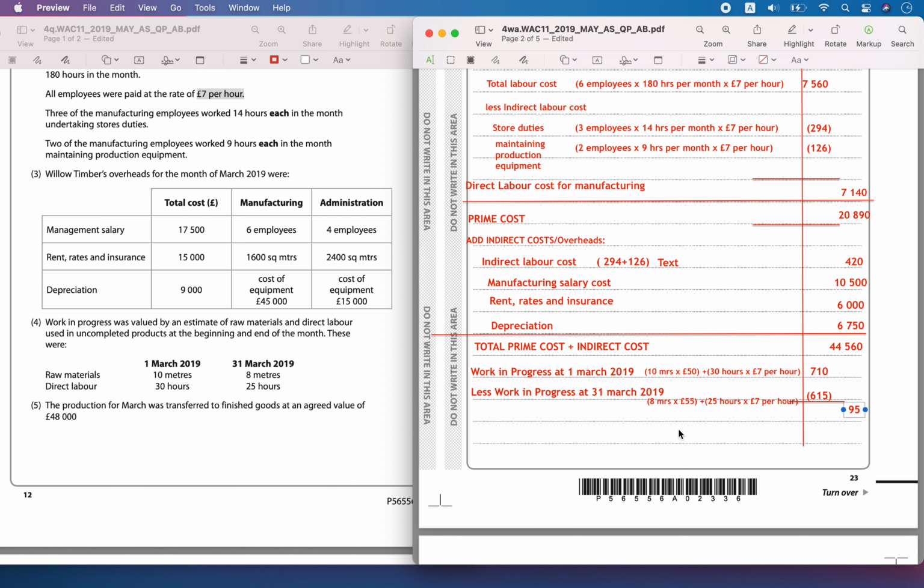Now we also have to find the production cost. So let's add up these two to get the production cost.